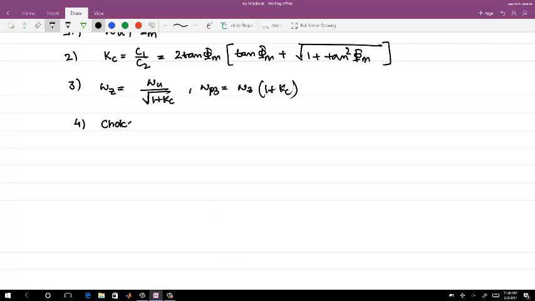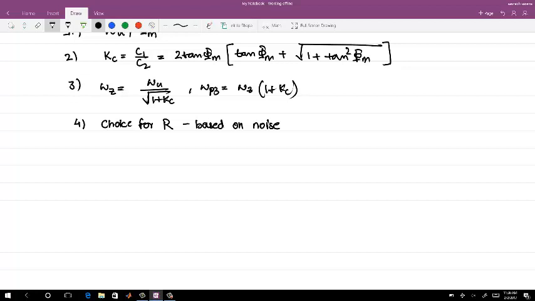Now the choice for resistance. Resistor area is normally not a problem, but the choice of resistor is mostly based on noise. Till now we have not considered any noise in the system.